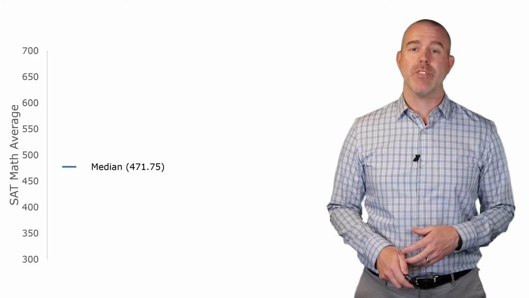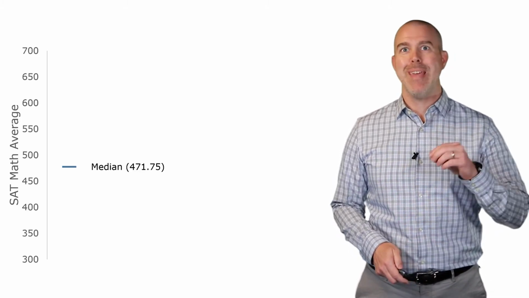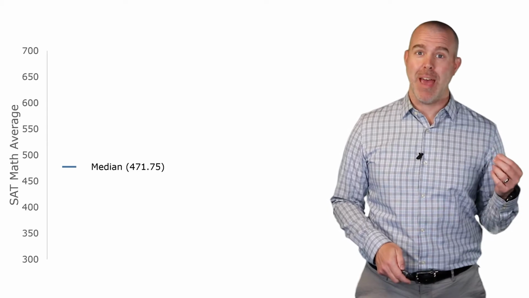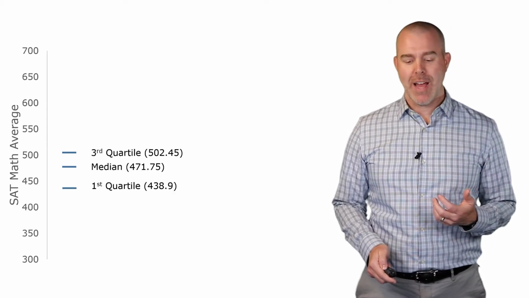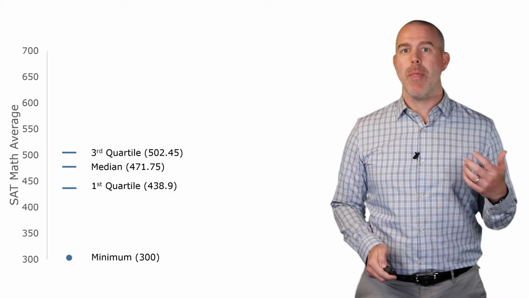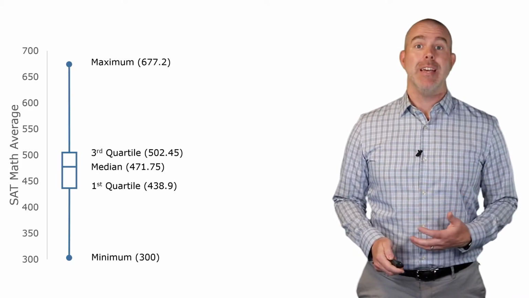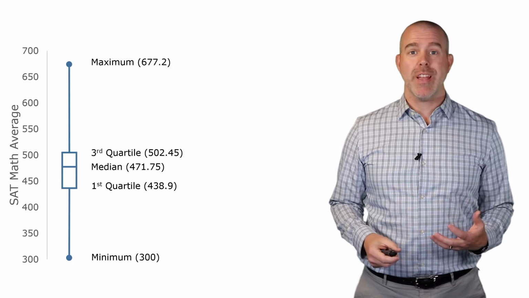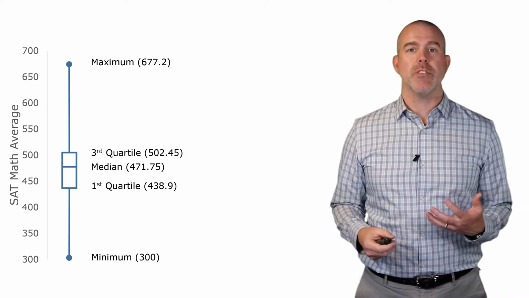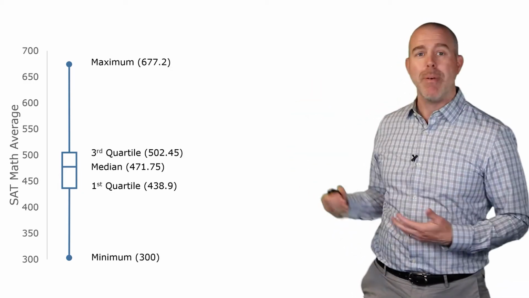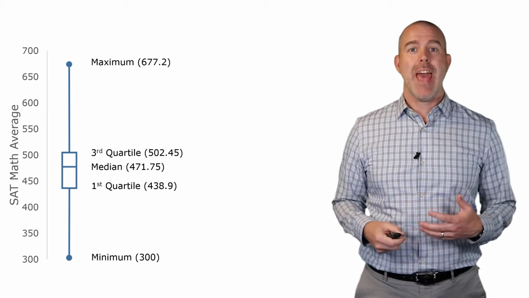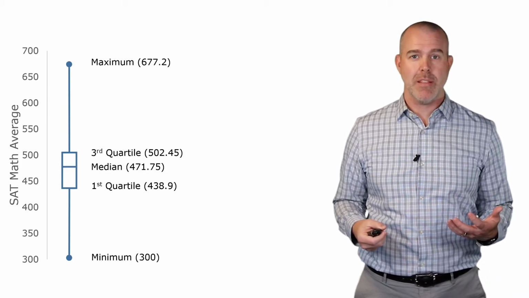The median of all of these schools is 471.75, so that's the median average SAT math score. Then the first quartile, third quartile, we have the minimum, the maximum. If we put a box around the middle, connect those, we get our box plot. We would expect schools that we might describe as good schools to be near the top of that scale because they have a high average SAT math score.